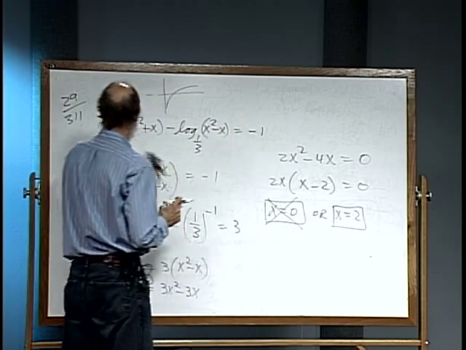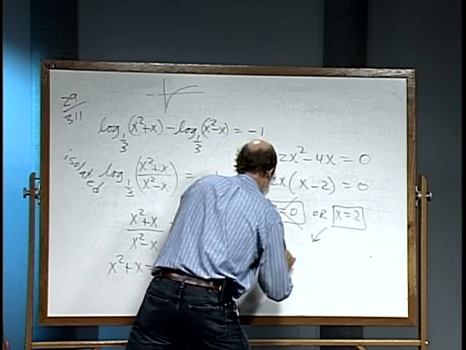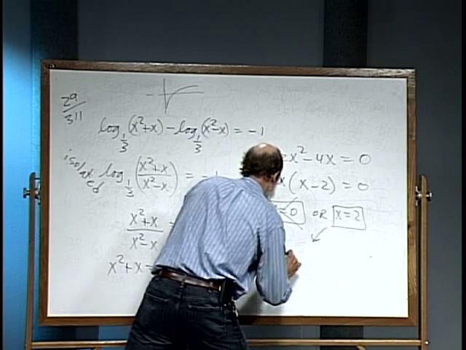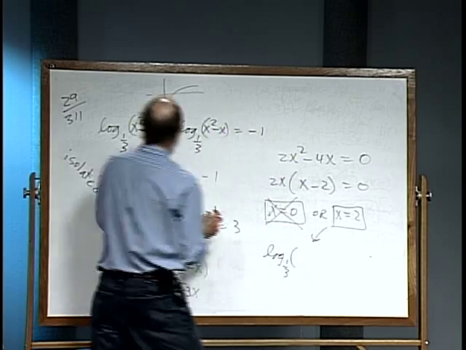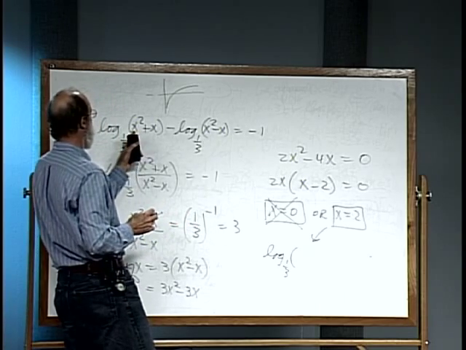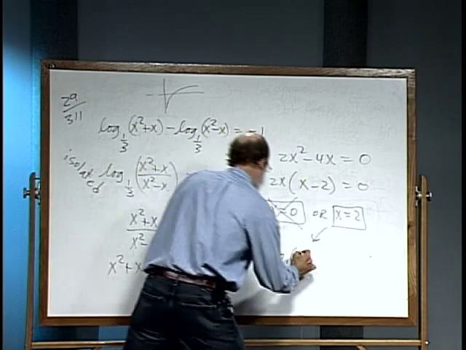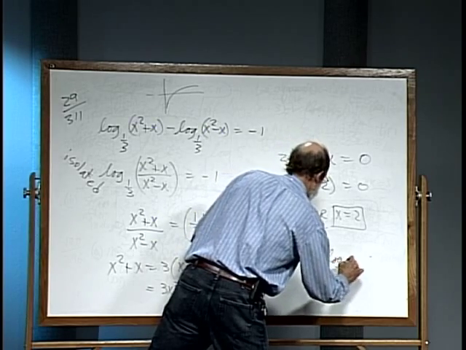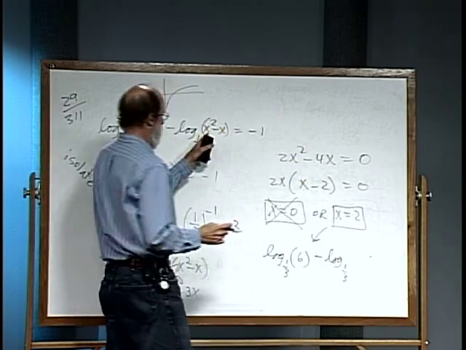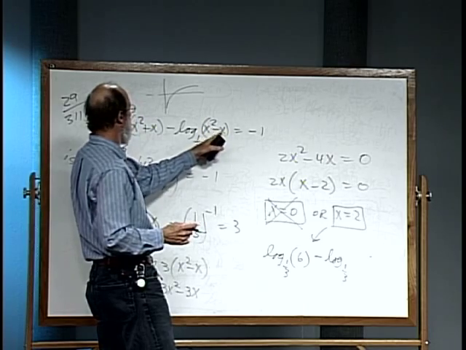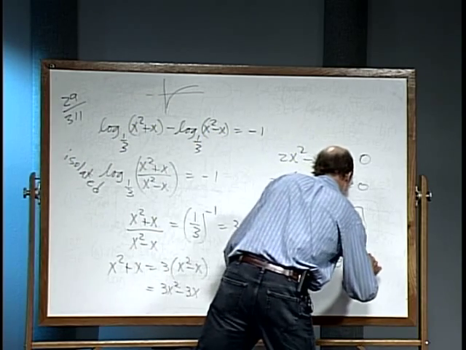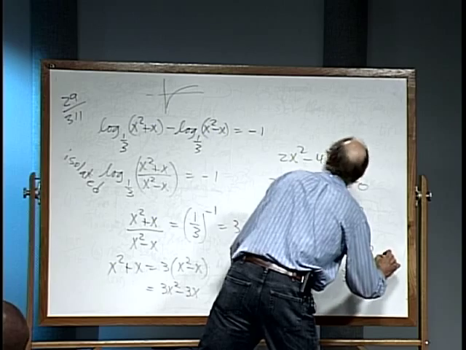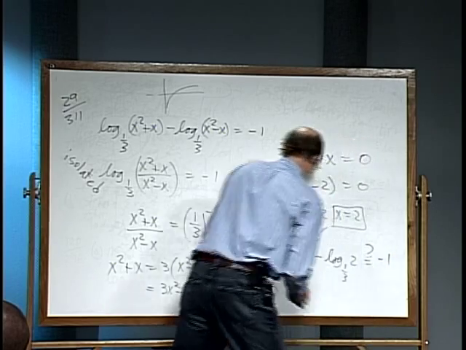And then if we put 2 in, let's check. In the original, log base 1/3 of 2 going in here is 4 plus 2, which is 6. Then we're subtracting from that the log base 1/3 of 4 minus 2, which is 2. Is that equal to -1?